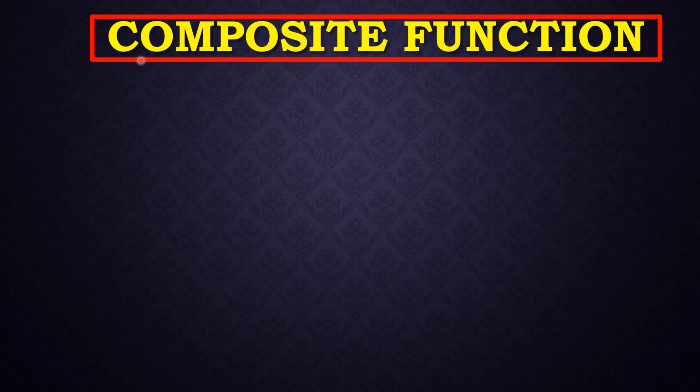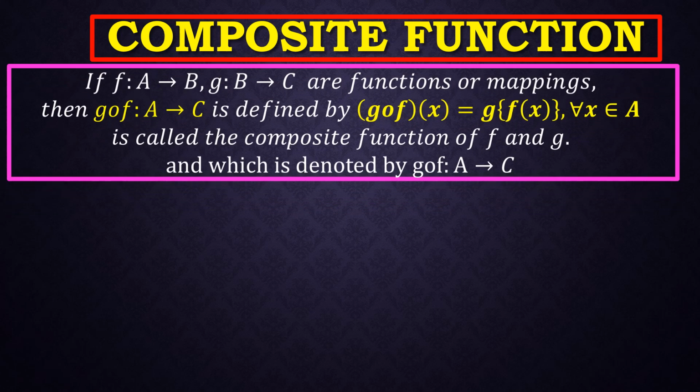Now the next definition is composite function. Here we can take two functions. If f is a mapping from A to B and g is a mapping from B to C, then g circle f is a mapping from A to C, defined by g circle f of x equals g of f of x for every x belongs to A, which is called the composite function of given two functions f and g.